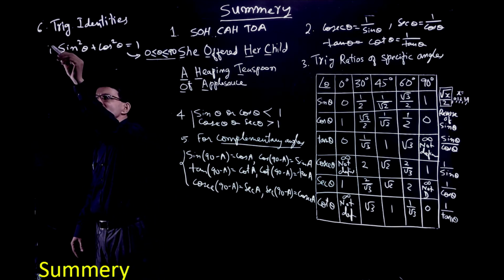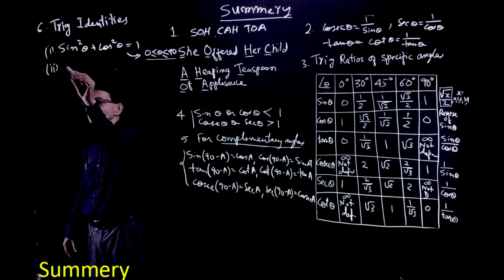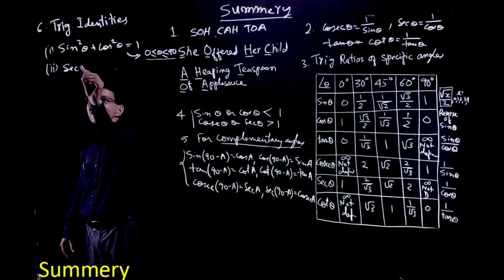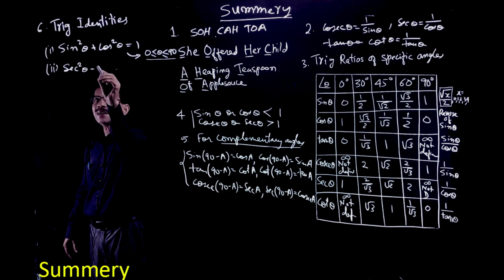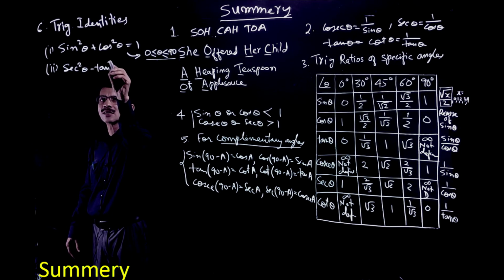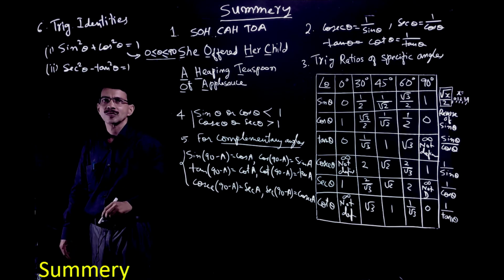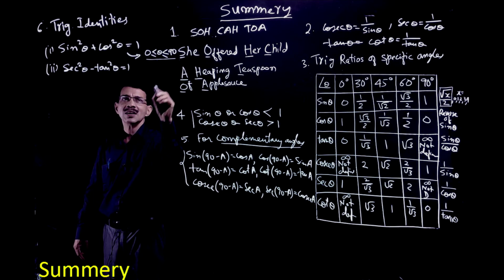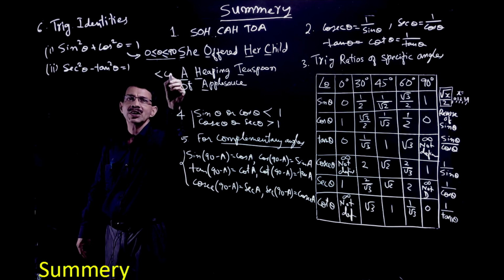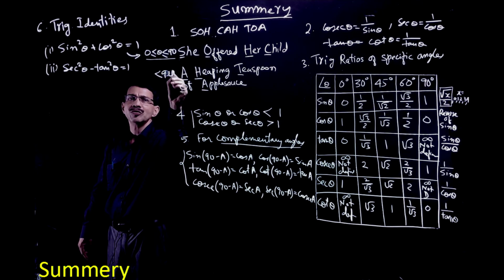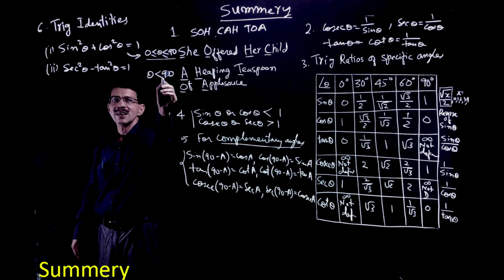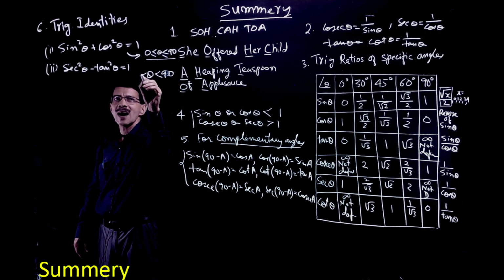That was number 1. The identity number 2 is sec square theta minus tan square theta is equal to 1, and this satisfies for values of theta less than 90 degrees and greater than or equal to 0 degree.